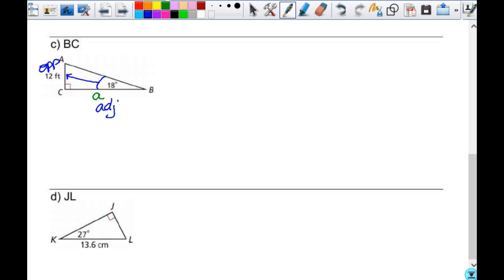So opposite and adjacent, which trig ratio is that? Tangent. So I'm going to take the tangent of 18. That's equal to what over what? 12 over A. So can I skip some steps here? What's my final result going to look like? Good.